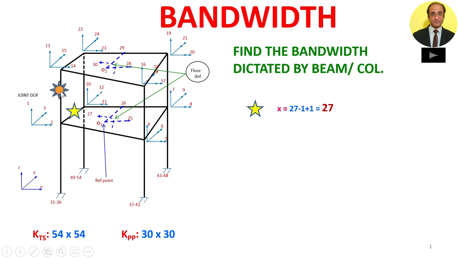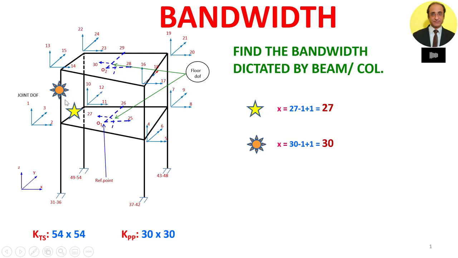Next, let's consider the vertical column here, and for this one, let's work out x. The largest degree of freedom is 30, which is again the floor degree of freedom, the floor rotation connected to the second floor, and the minimum degree of freedom is 1 connected to the vertical translation at this particular joint. So here the x is 30.